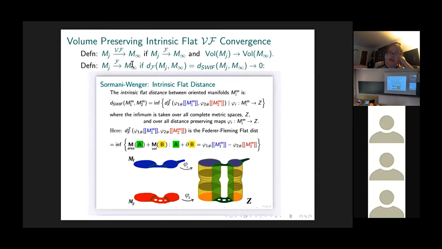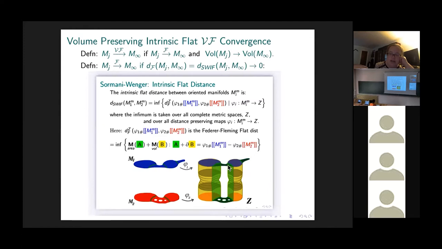And remember that intrinsic flat convergence happens if the distance in the intrinsic flat sense goes to 0, where this distance was taken over all complete metric spaces Z, over all distance preserving maps of the two manifolds into the common space Z. So you have your M1 and your M2, and they go into a common space Z. This is like Gromov-Hausdorff, but after you get into the common space Z, you measure the distance using the Federer-Fleming flat distance, which asks for the volume of this yellow region whose boundary should equal the difference between these two plus a little extra piece A, which is of one dimension lower than the sequence.